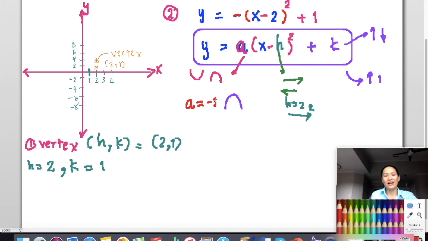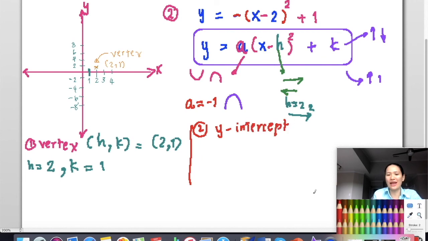How about the next step? For number 2, how about we find the y-intercept? Y-intercept means our x equals 0. So I substitute into y equals negative (x minus 2) squared plus 1: negative (0 minus 2) to the power 2 plus 1.